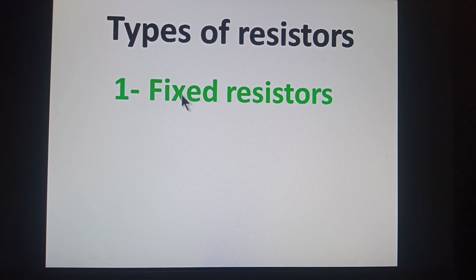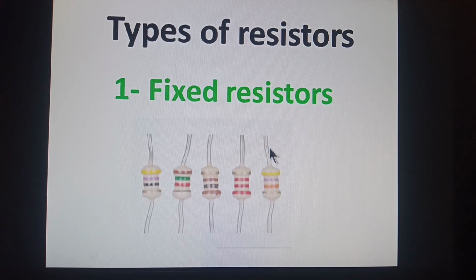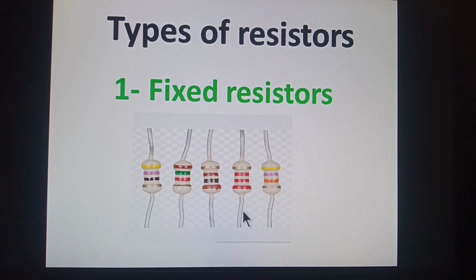Number one, fixed resistors. As is clear from the name, these are resistors whose resistance is fixed by the manufacturer. You may have seen components like this in your electronic devices. These are known as fixed resistors.